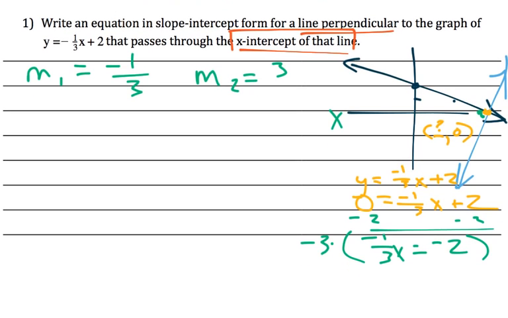I'm a little tight on room, so I'll write x is equal to positive 6. Quick check: sneak that back in, 6. 1/3 of 6 is 2, make it negative, and negative 2 plus 2 does give me 0. So we found the x value, which also means that we know this point would be (6, 0).